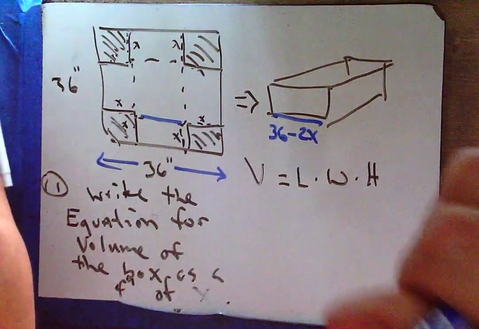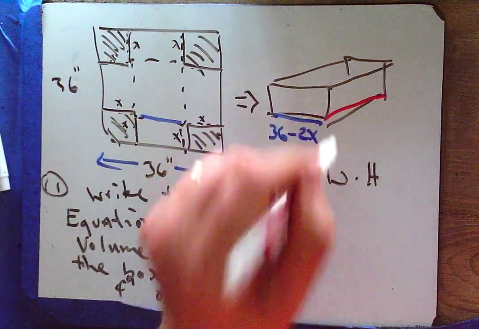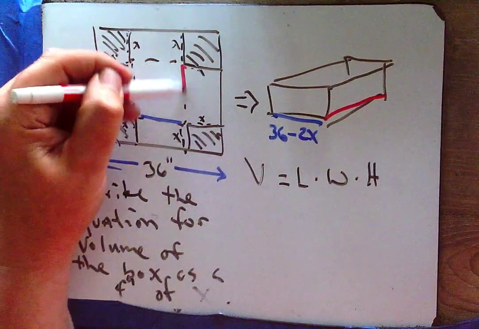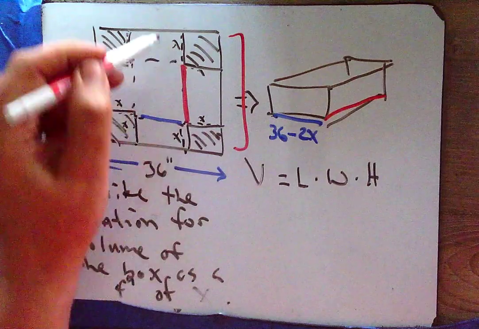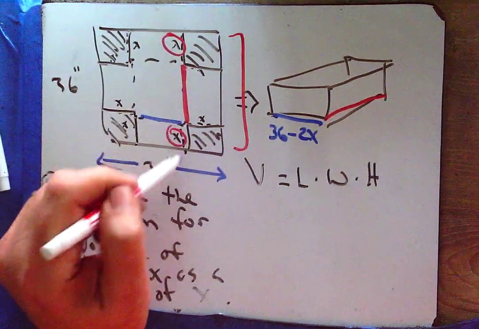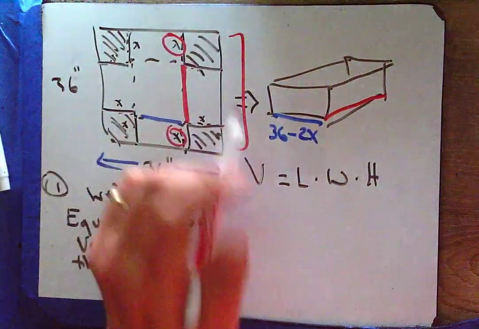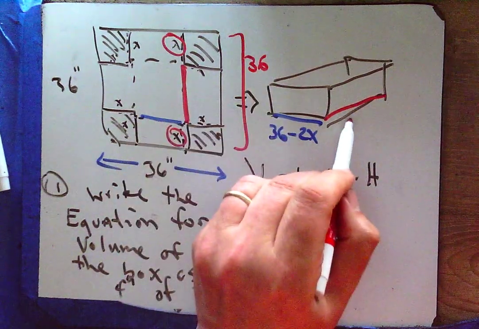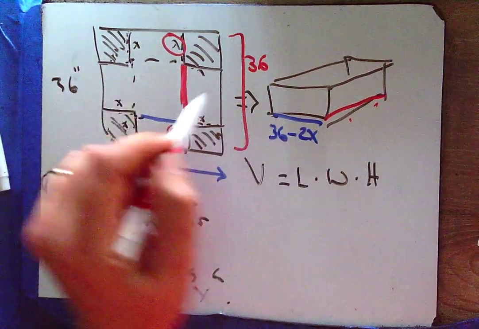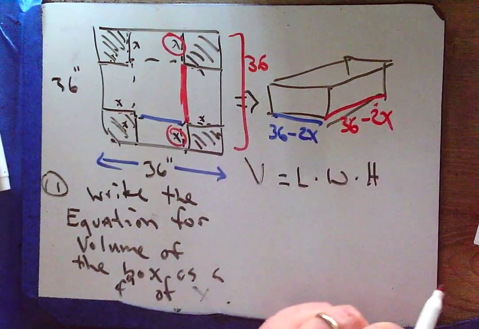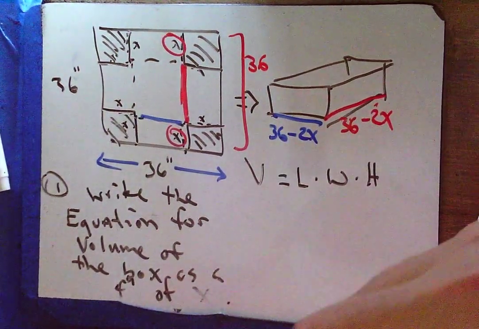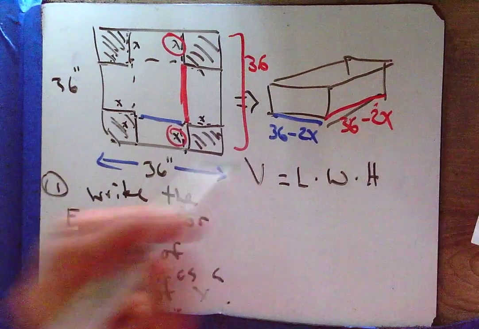Cool. What about this? Well, that's here. I know that this distance is 36. I know this is x, and this is x, and I'm taking those away from the 36. So what's left over here? What would this length be? Well, the whole side 36 minus 2x again. Great. Now what about the height?